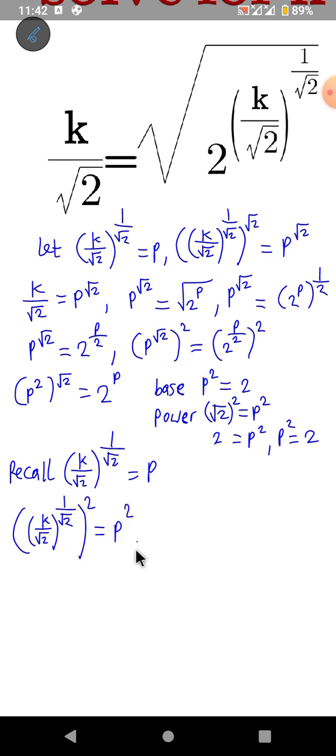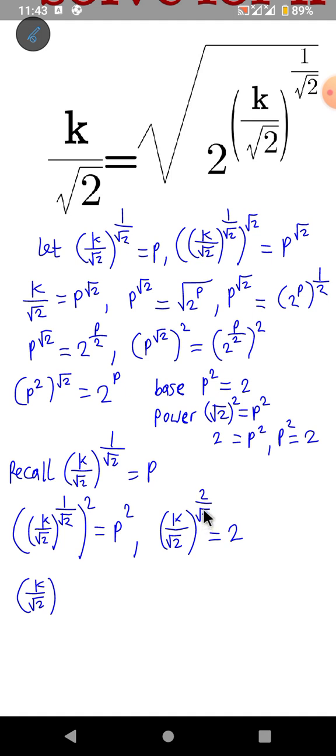Then we'll continue again. 2 times 1 over root 2, so we now have k over root 2 raised to the power of 2 over root 2 equal to p squared. And we know that p squared is 2, so I'm going to put my 2 here.